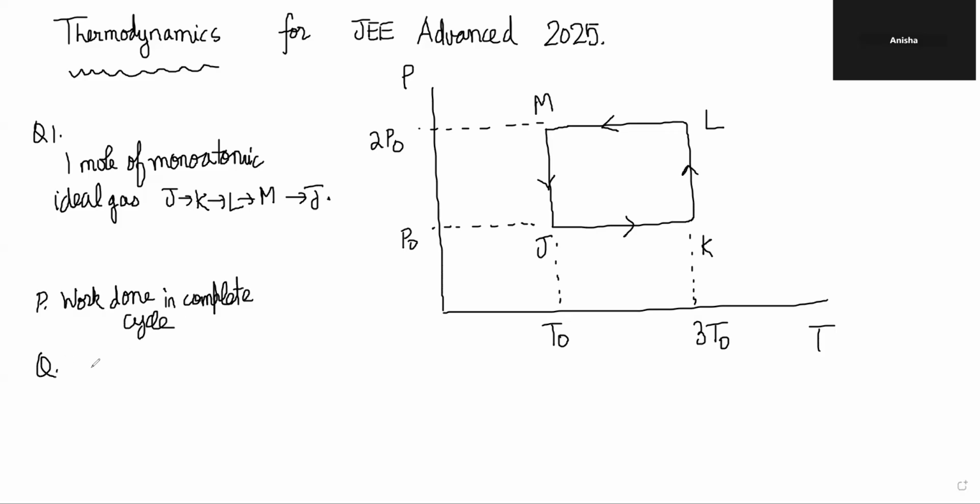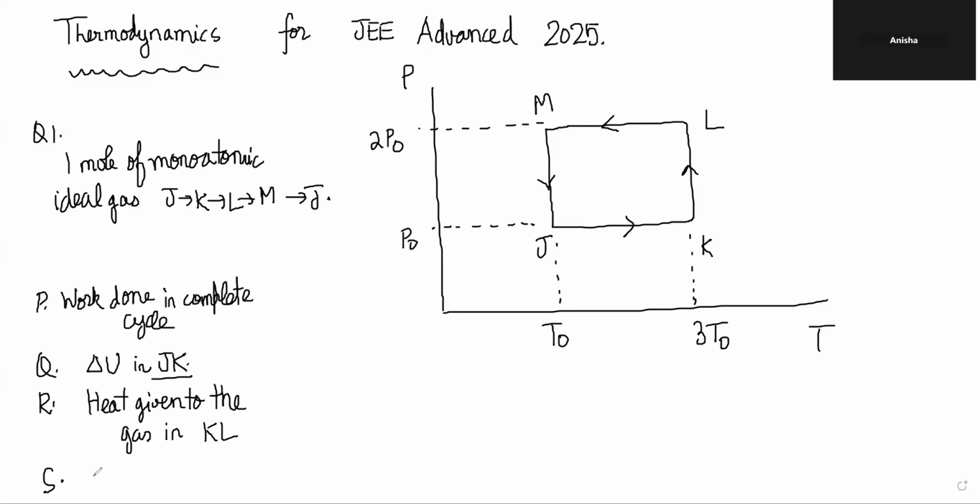Q option is the change in the internal energy of the gas, basically delta U. R option is heat given to the gas in KL, and S is change in the internal energy of the gas, delta U, in the process JK.